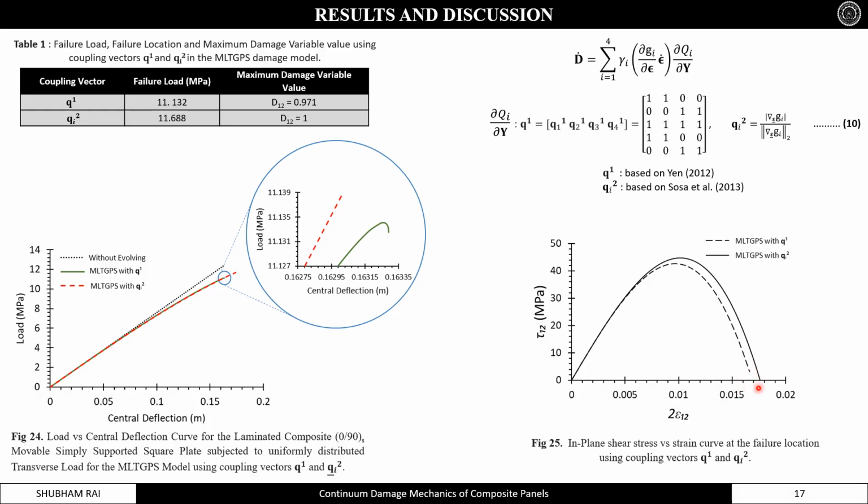Where it is 0, that point has completely lost its stiffness, or that material point has been completely damaged. Whereas where it is approximately equal to 0, some stiffness is left, but that is very negligible.